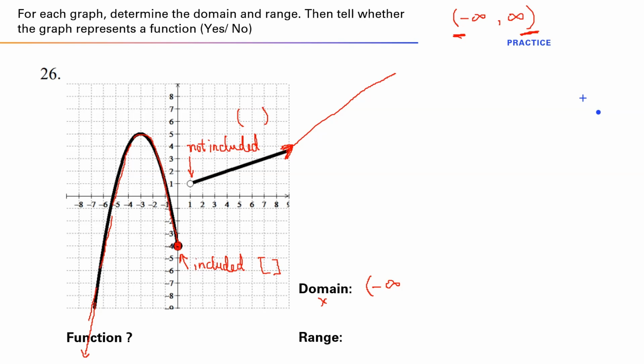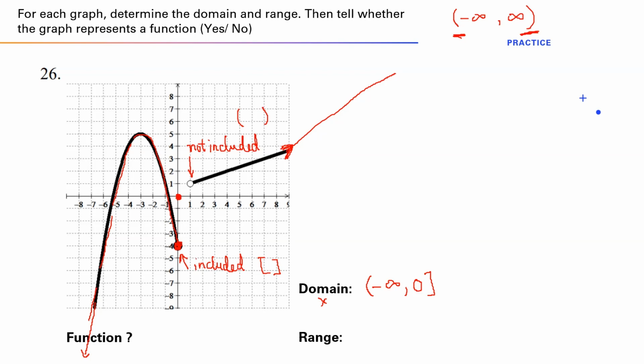We include the point right here, and then we look at the x value. We project it over here, and we see that is 0. So comma 0, and that's included, so it has to be a bracket.